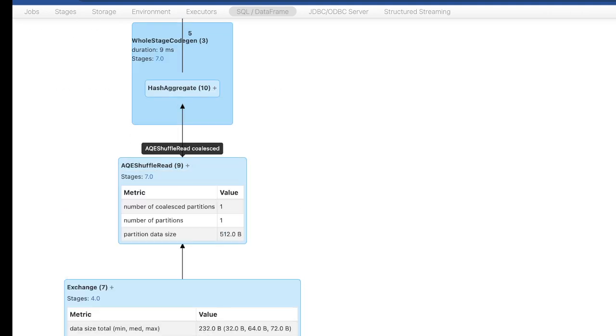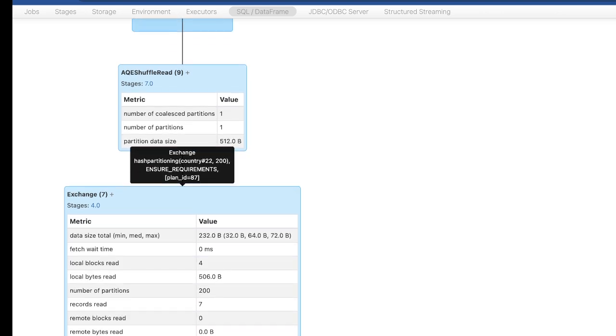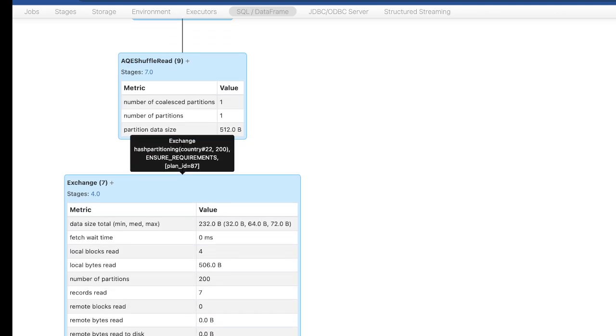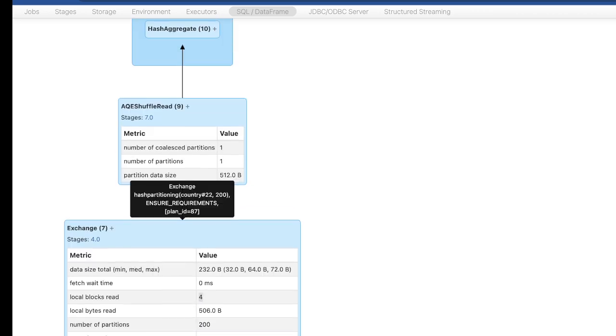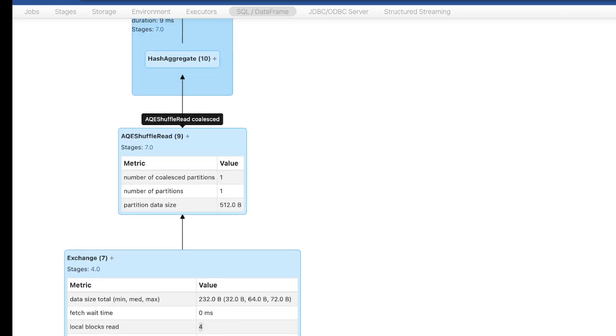Now we will see the shuffle read that happened on the last stage, the 7th stage, with one partition. Before that it read the 4 blocks, meaning 4 partitions were created, and then only one partition got created. The partition data is 512 bytes, and then the hash aggregate happened.